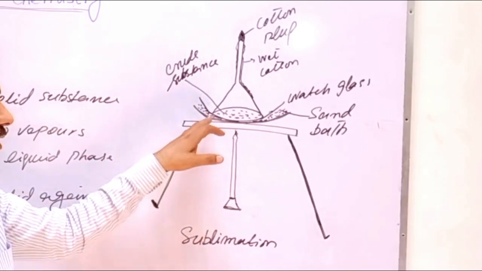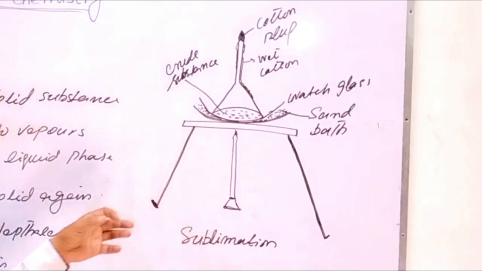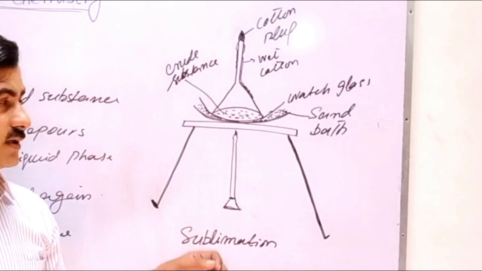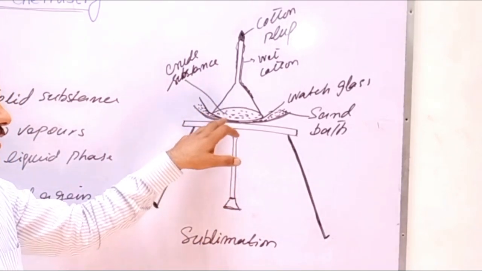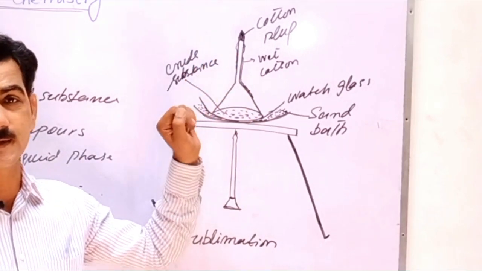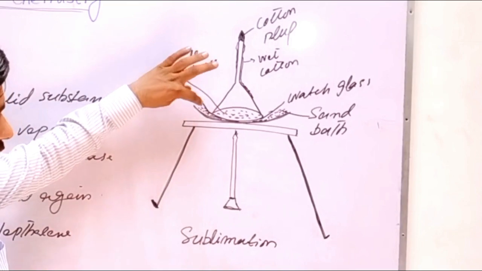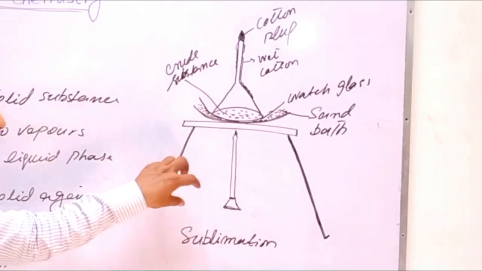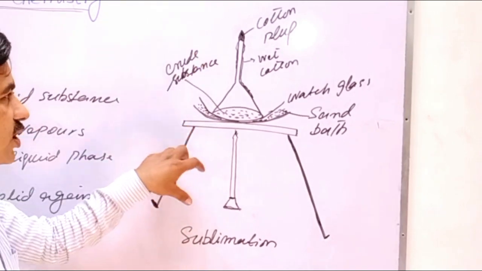When we heat it, the unstable sublimable products, like iodine, naphthalene or benzoic acid, present in the mixture will sublime, vaporize and convert into the vapor state. They will separate from the mixture. After heating, the heating is stopped.